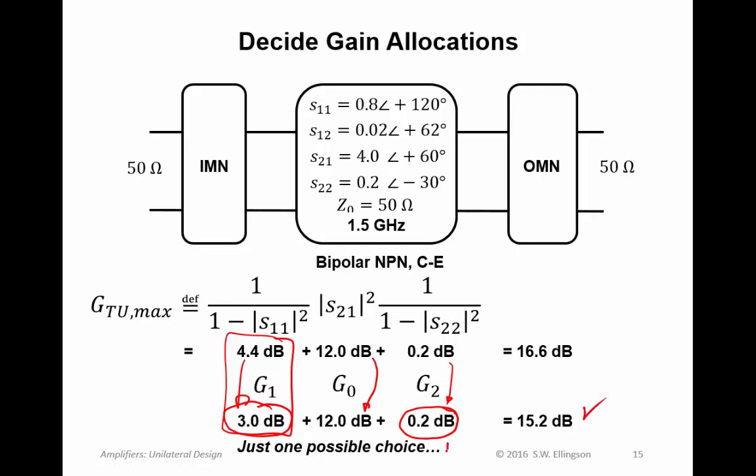And I'll emphasize, this is just one possible choice. There are a continuum of solutions here, which is great news because every one of those possible solutions is a different matching network, and so I'm more likely to find a matching network that has all the features that I might want as part of the actual design I'm doing.